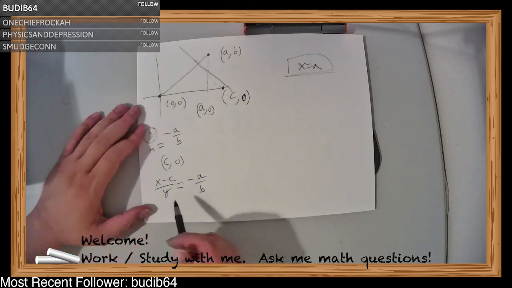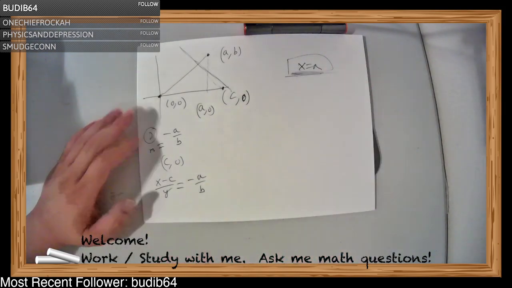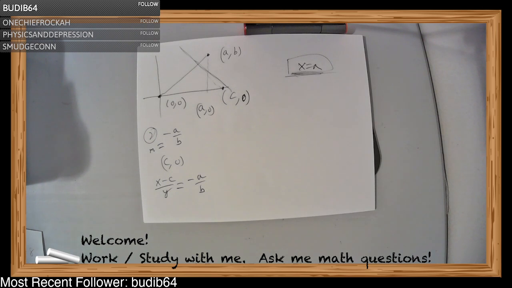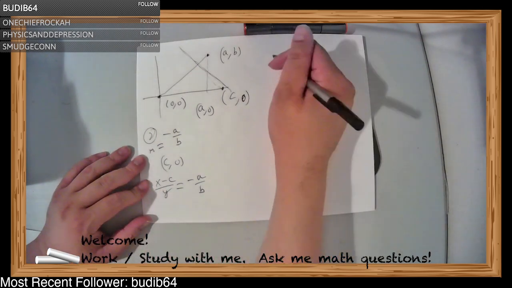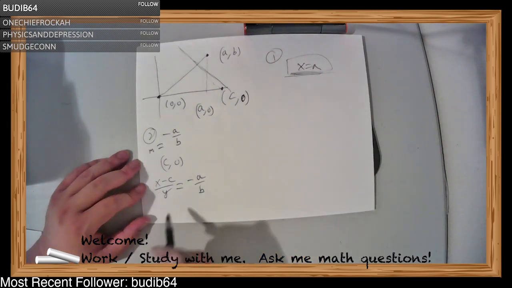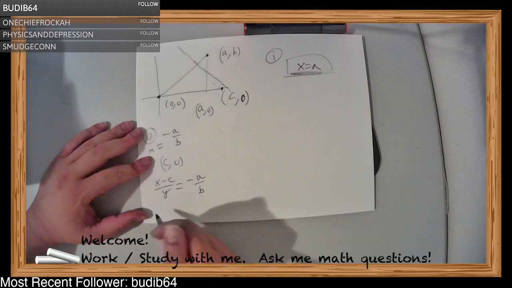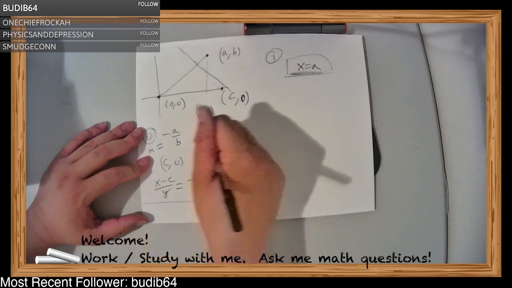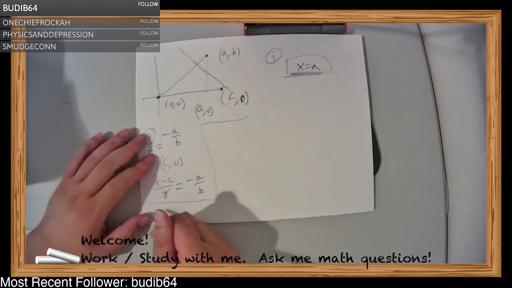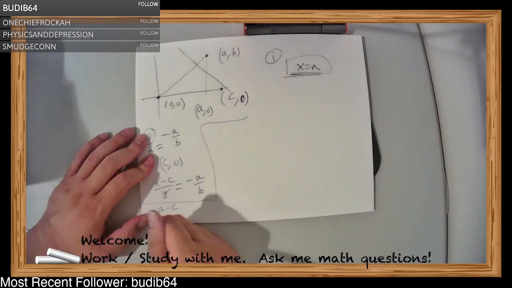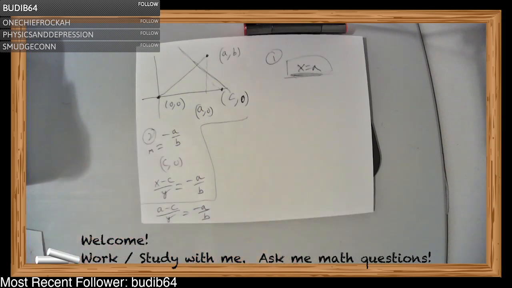All right, so we can plug in x equals a here and figure out what the y coordinate is. So the first line is x equals a, and the second line is this one. We're going to intersect them and see if we can get the point down here.